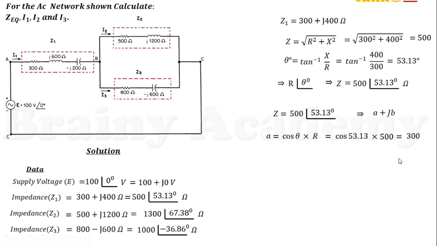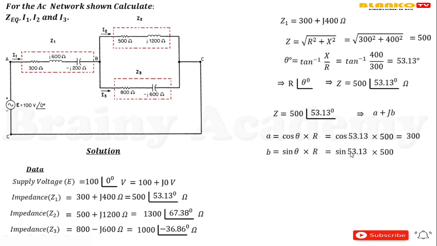Now let's find the imaginary part, b, which is sine theta times R. So sine 53.13 times 500 gives us 399.9, which is approximately 400. So in the rectangular form, Z equals 300 plus j400.